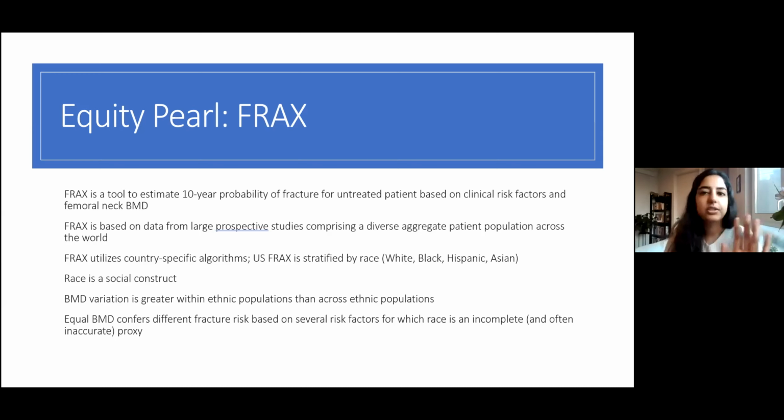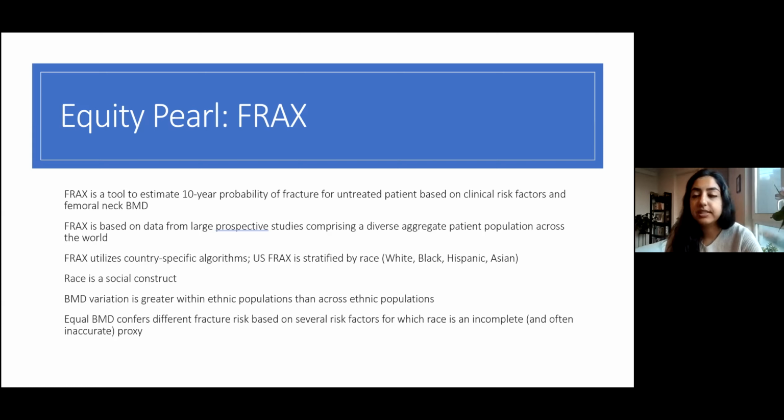And you guys all know this, race is a social construct, and even self-reported race, it's very hard to put a patient you're seeing into one of these very non-descriptive categories. And there are studies that show bone mineral density variation is greater within an ethnic population than across ethnic populations. So there's a lot of controversy in the field of osteoporosis, like why we need these 4 categories.